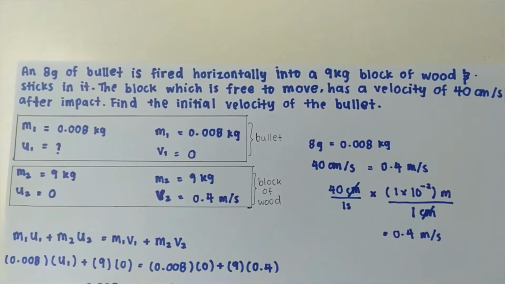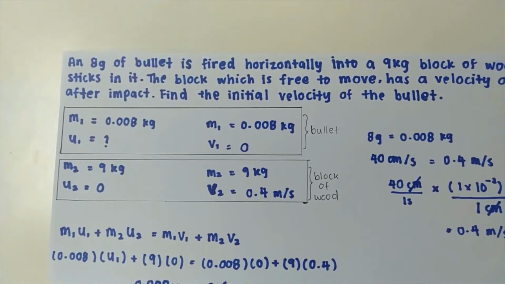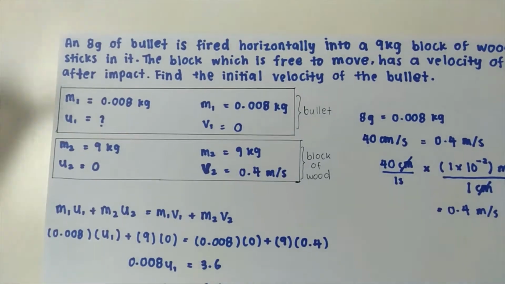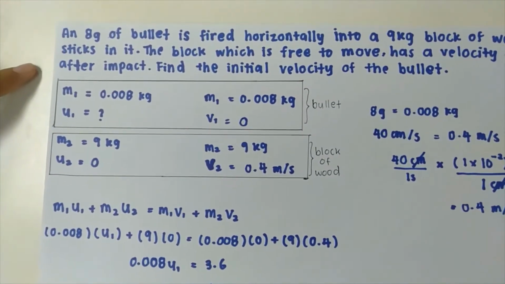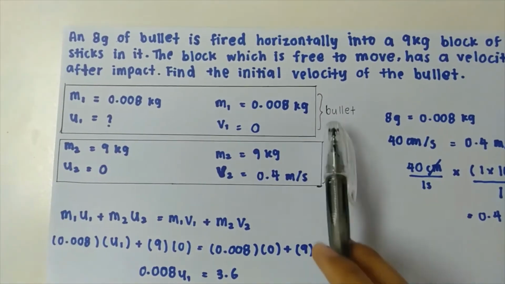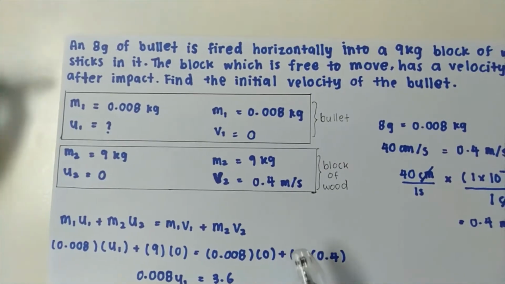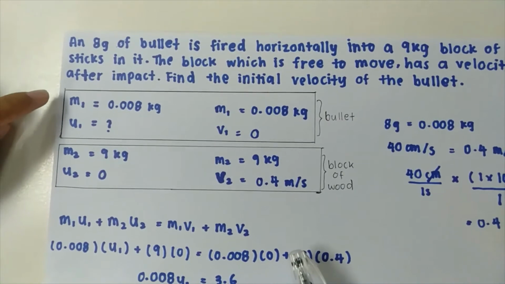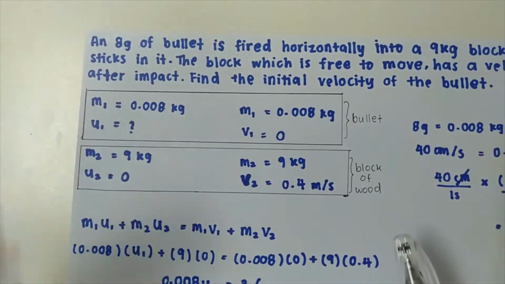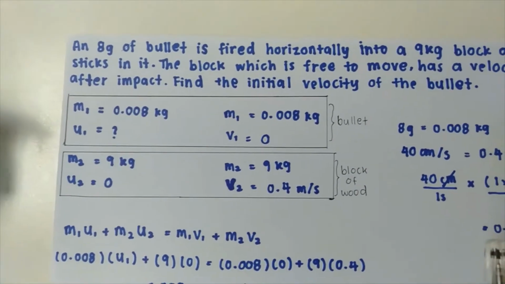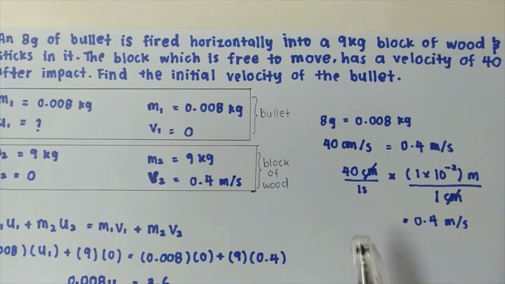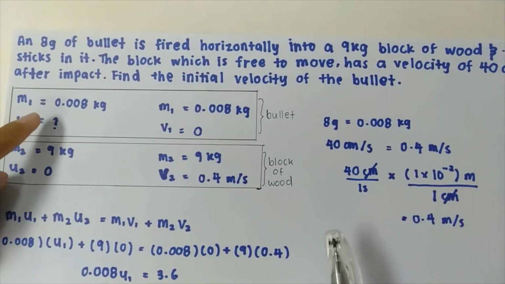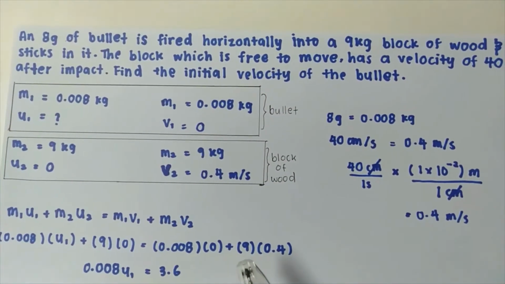Okay, so right now, the first thing that we should do is to list all of the information given, like this. This is for the bullet, so the information that I got from this question is the mass, which is actually 8 gram, but I already converted it to kilogram because we need to use SI unit, so it is 0.008 kilogram.